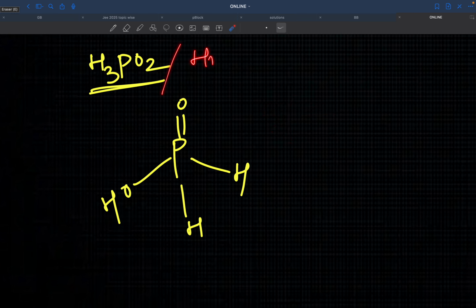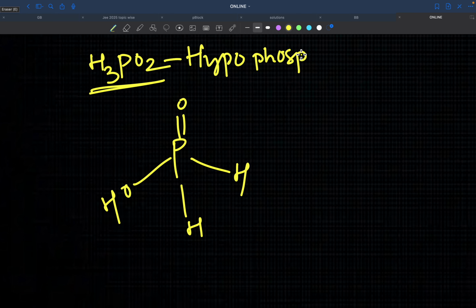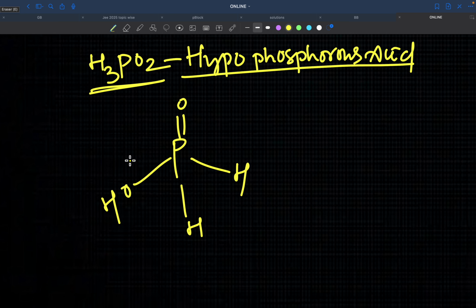It's hypophosphorus acid. In hypophosphorus acid, the n factor is only 1. Why only 1? This is the hydrogen which can be replaceable.